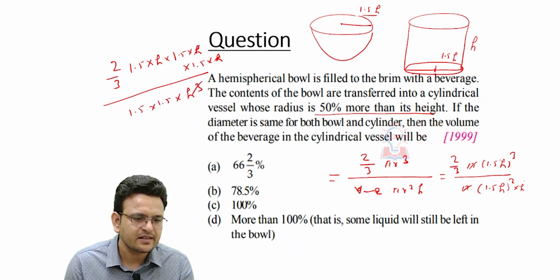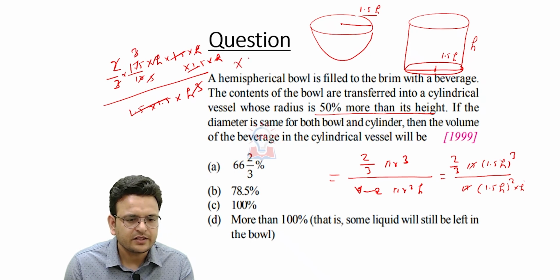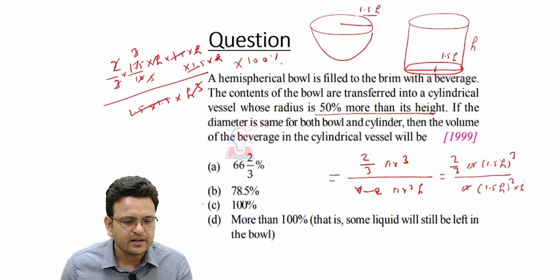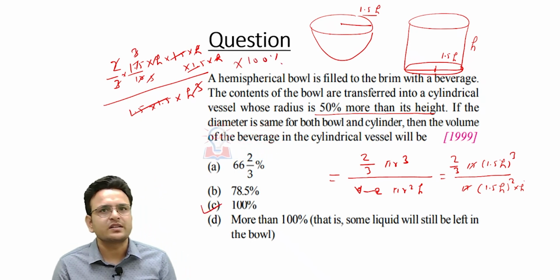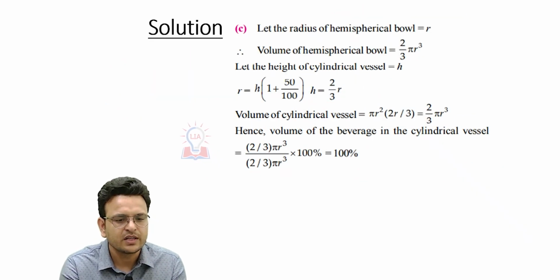These h are cancelled. These two things are also cancelled. We can say that it becomes 1. 1 means into 100 also. It becomes 100%. So hope you are able to understand how I solved this particular question.